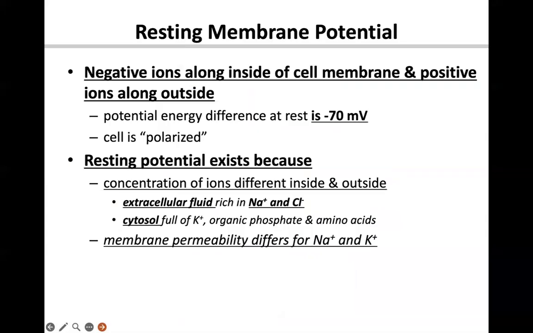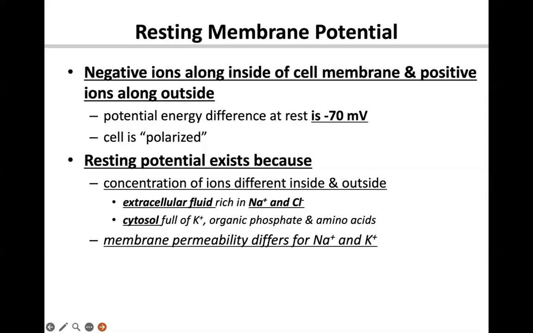With that, we want to review again what the resting membrane potential is: negative ions along the inside of the cell membrane and positive ions along the outside. Okay, so inside negative ions, outside positive ions, and the potential difference is a negative millivolt value. The cell is always electrically charged and is said to be polarized.